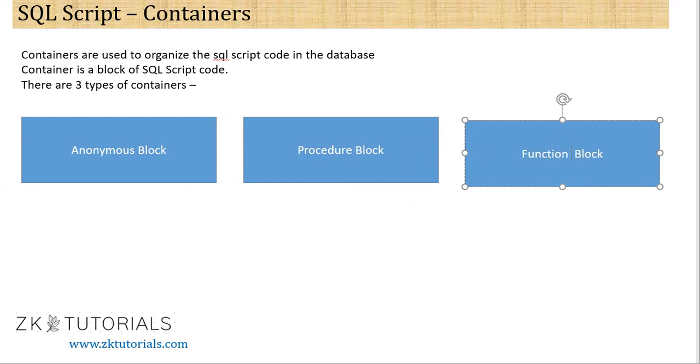So there are three types of containers. First is the anonymous block, second is the procedural block, third is the function block. So these blocks contain SQL script code.